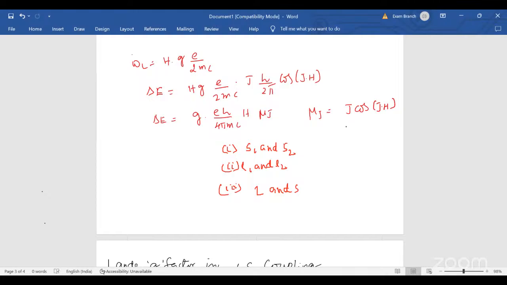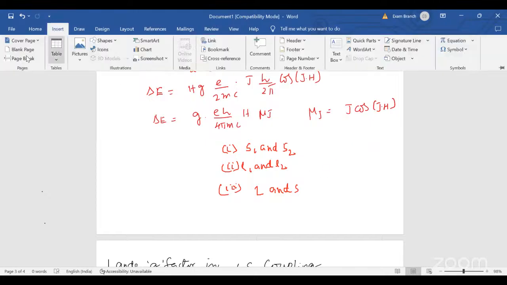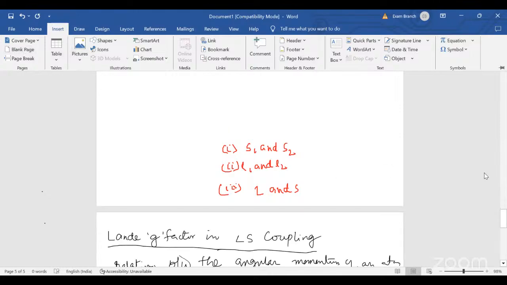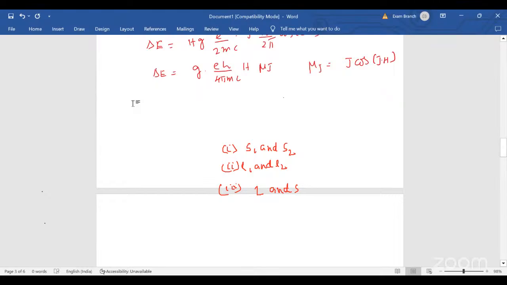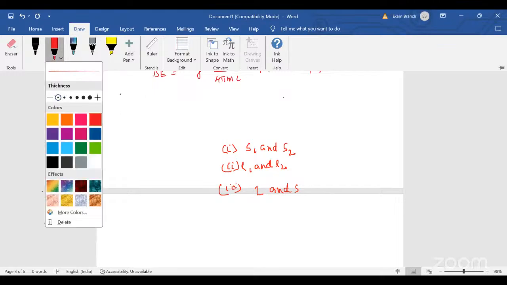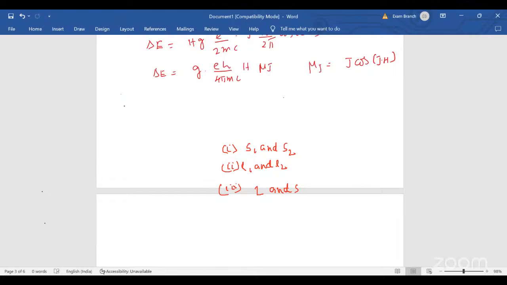Now if you divide this by hc, we get the energy in wave number. In terms of wave number, we take the magnitude as delta T m, which is M J into g into eh by 4 pi mc square.